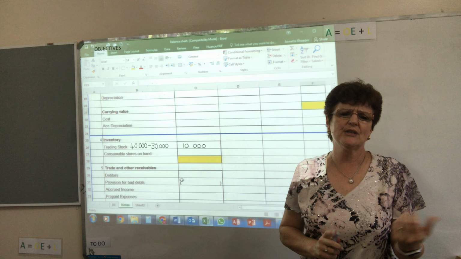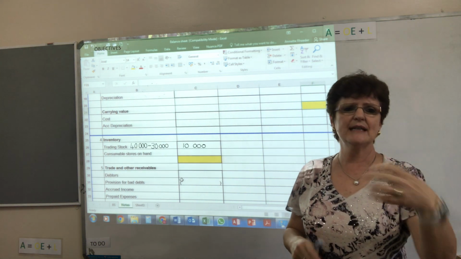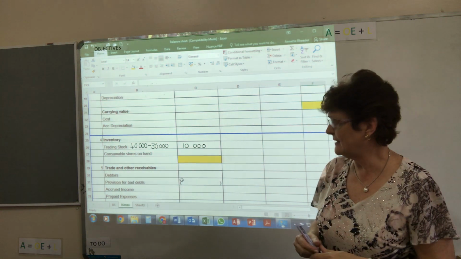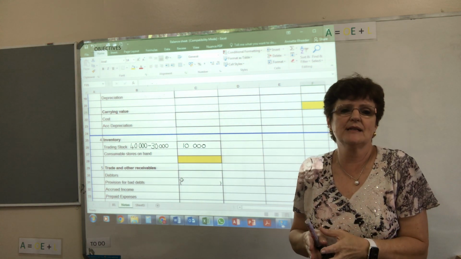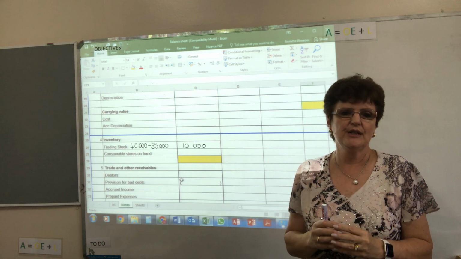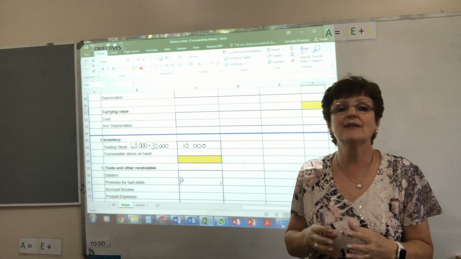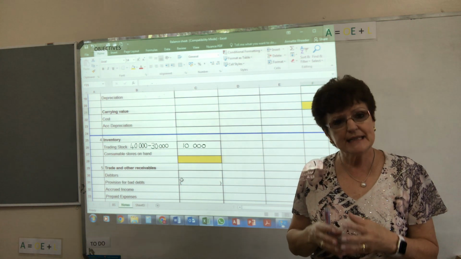Then you also came across a year-end adjustment where we said that stationery for the year was maybe 5,000 Rand, and yet at the end of the year there was 1,000 still locked away. It's not used, so it's on hand, it's available. So we don't deal with that as if it is an expense.